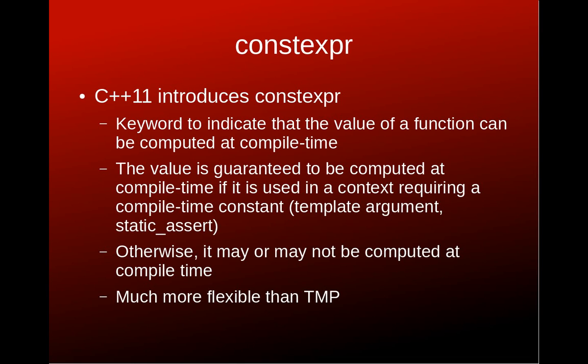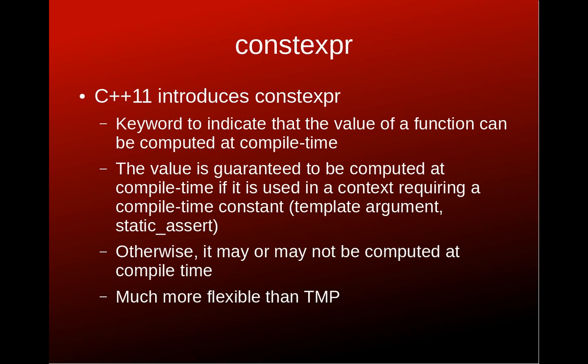So in a lot of ways, it's like inline. It's more of a hint than an actual guarantee. But this is a lot more versatile than template metacode. Template metacode is really only good for doing things at compile time. With Constexpr functions, you write one version of a function using the exact same syntax as normal C++ that you're already used to.